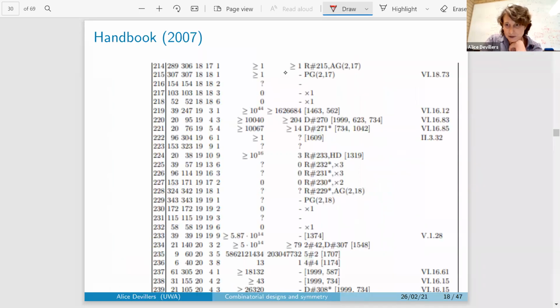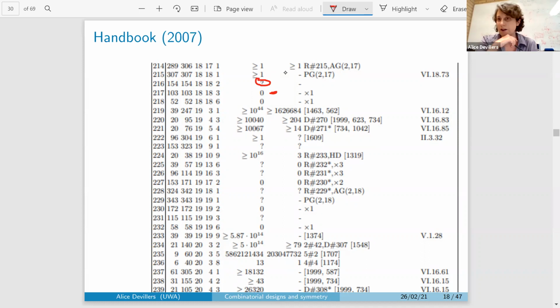I'm going to try zooming in a little bit. So you can see sometimes it's not known. Here is an example: a question mark means that, at least at the time of printing the book, it was not known if there exists a design with these parameters. Sometimes it is known that there is none, like when there's a 0 here, or it is known there are at least a certain number of non-isomorphic examples, like this one has at least this humongous number of non-isomorphic designs.